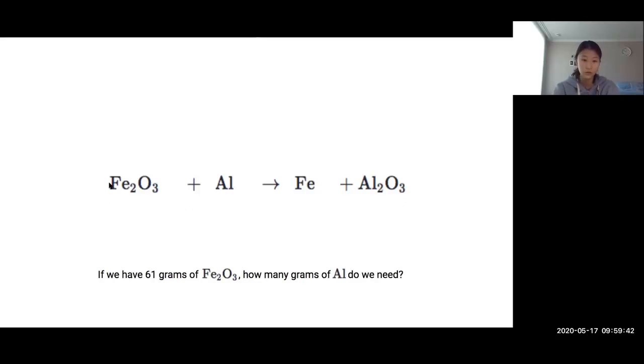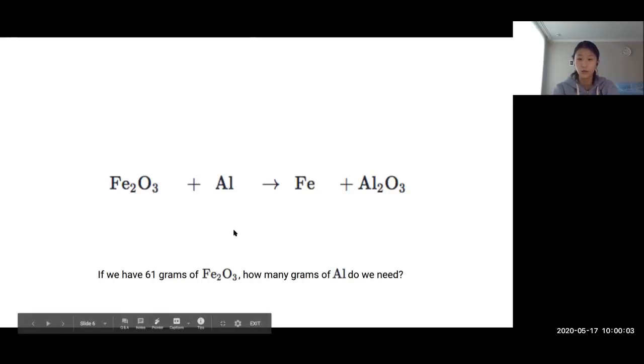Stoichiometry problems usually ask: if we have a certain amount of this molecule or atom, how much of the other molecule or atom do we need for this reaction to happen? Here, if we have 61 grams of Fe2O3, how many grams of Al, or aluminum, do we need?